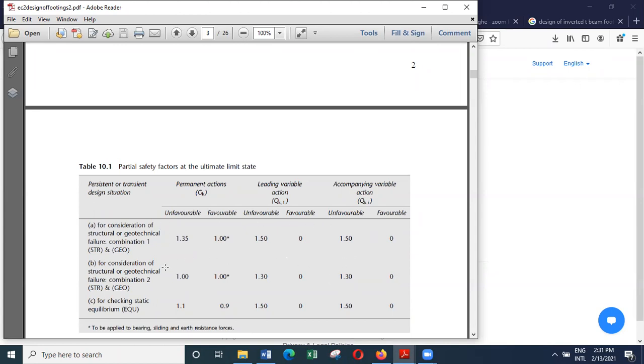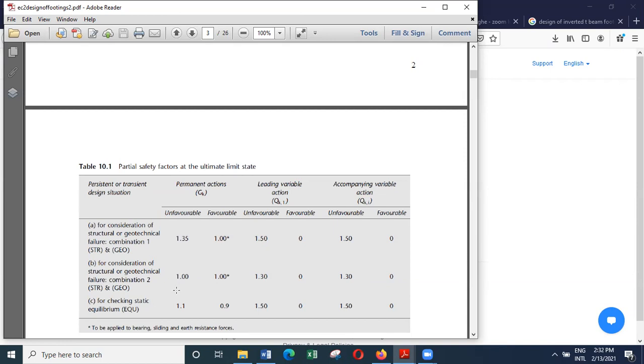But if you are dealing with the situation where you are interested in the deformations of the structure and so on, then you will be looking at this particular combination. Here you can see they are all kind of service load type. But when it comes to the leading variable action, you can have 1.3.